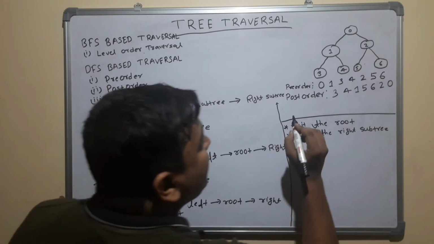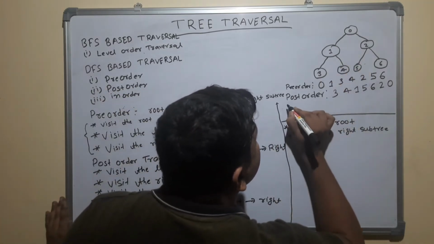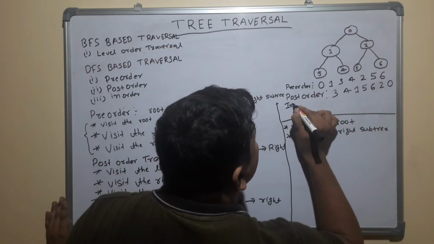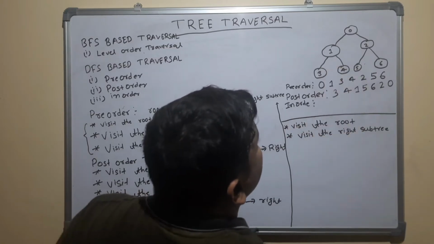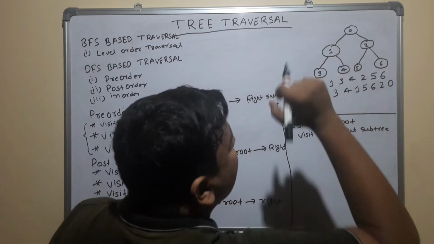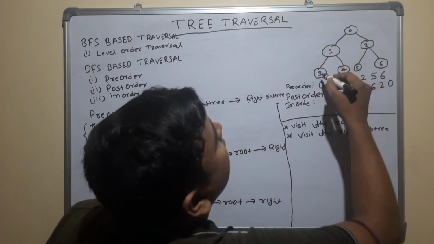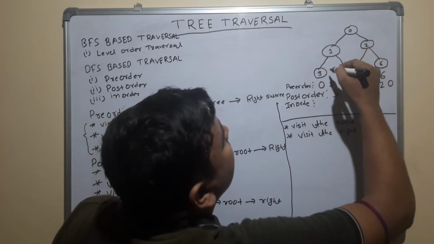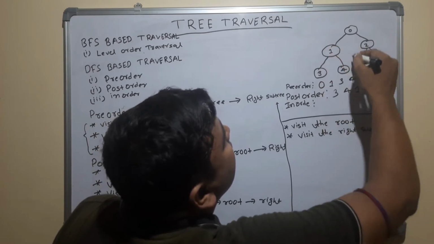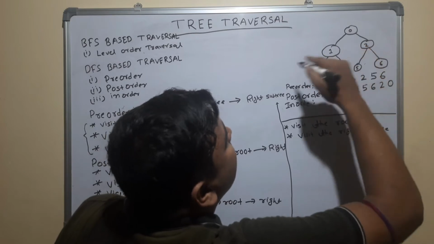So what would be the in-order traversal of this tree? First the left subtree will be processed. When we process the left subtree, what would be the printed nodes of the left subtree?